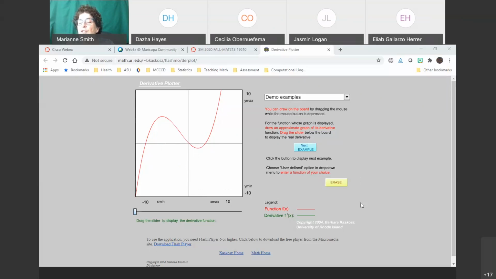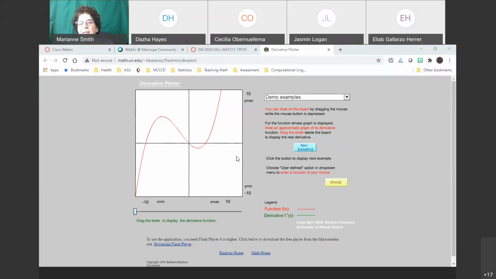Okay, so I want you to visualize what the graph of the derivative will look like. I said positive y value, smaller, smaller, smaller, 0, negative, negative, turn around, come back, 0, positive, positive, positive.